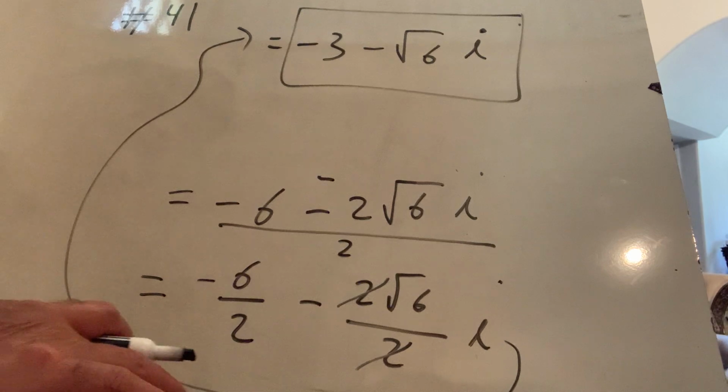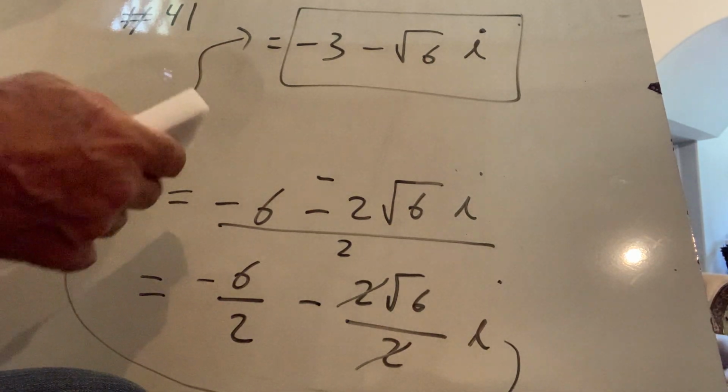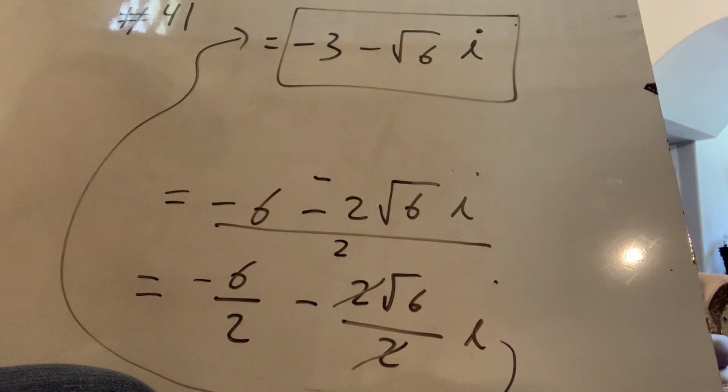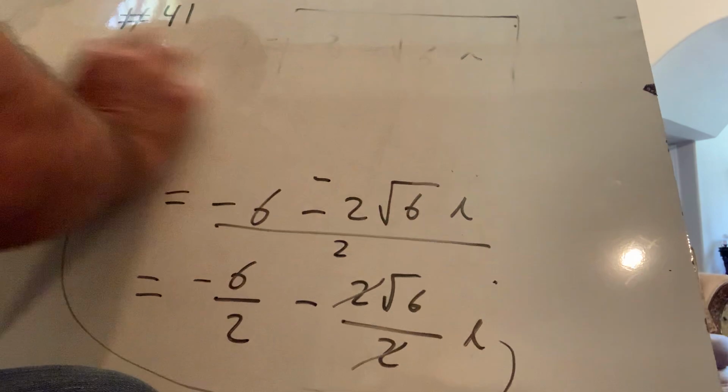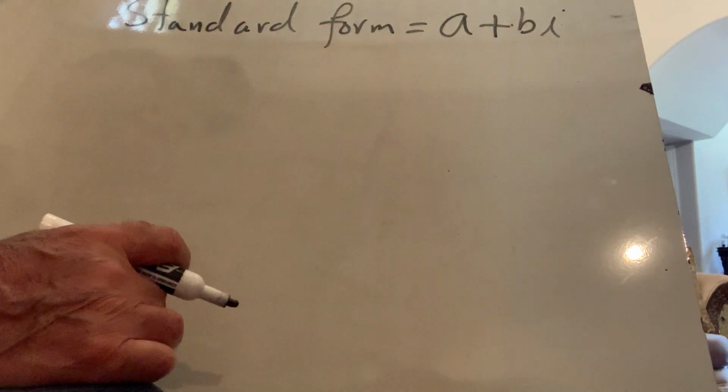So that's the idea. Let me repeat a couple of things that I used, since we may need them for the next problem. But there is your answer for problem number 41. Just a quick overview of a couple of things we used. Always remember, the standard form for any complex number is a plus bi, where a and b are real numbers and i is the imaginary unit.